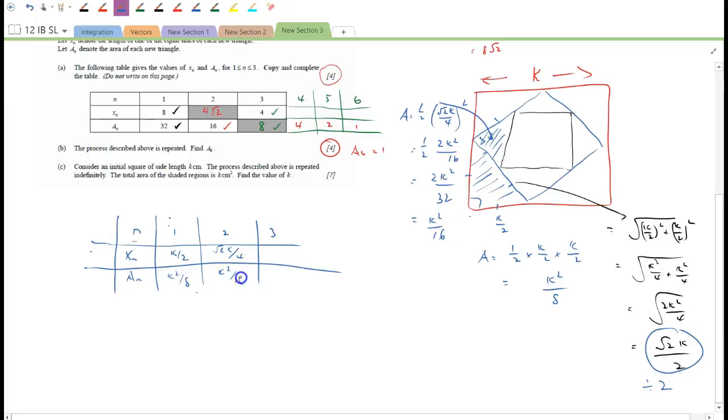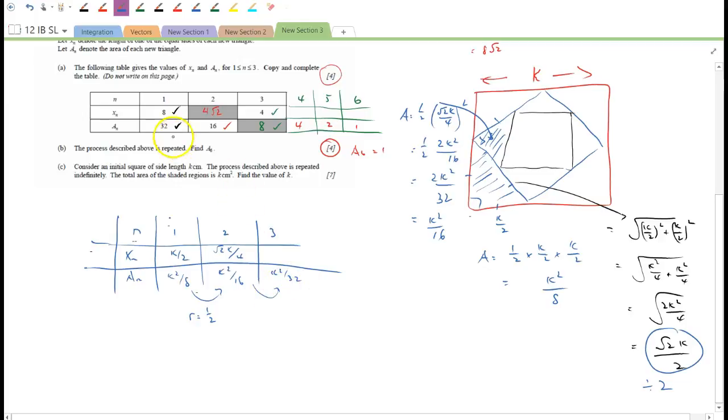So that goes in here. So what we've got now, and we could go to the third one, but I think this is enough. What we can see here is that we've halved our value from K squared over 8 to K squared over 16. And what we can now assume is that A3 will be equal to K squared over 32.